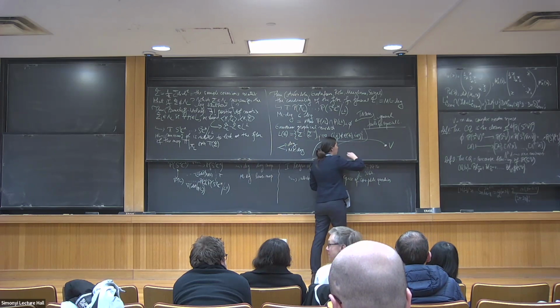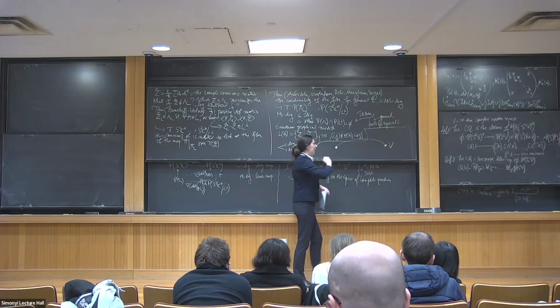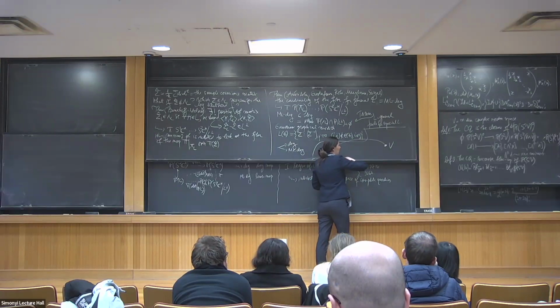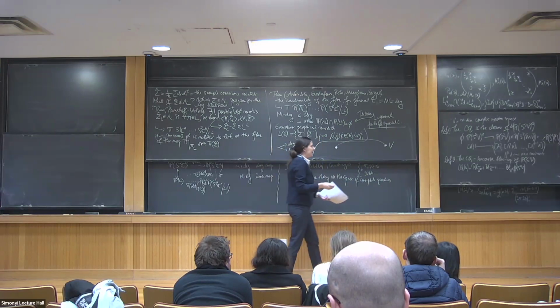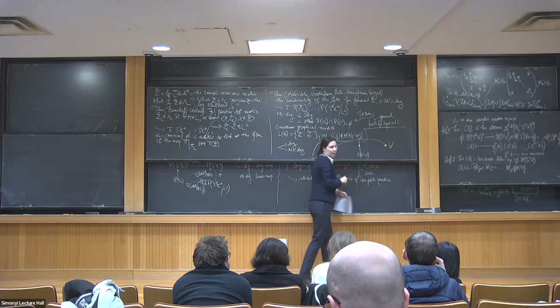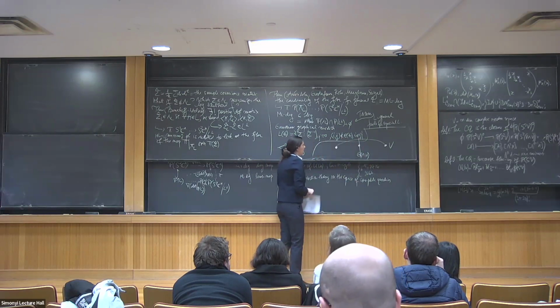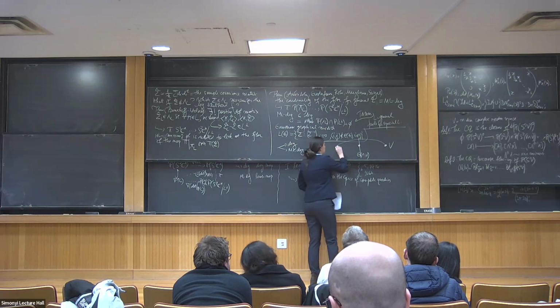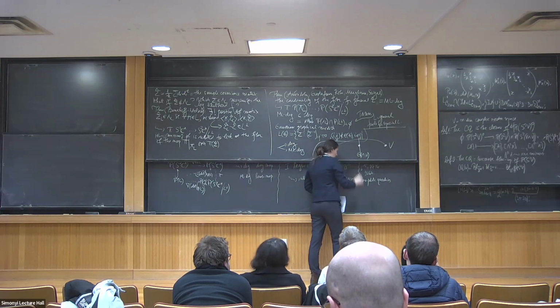But if you have a singular rank R matrix, then the image will be in the space of all R linear subspaces of V. So this means that this will be a point in the Grassmannian G(R,V). Okay, so if I have a singular rank R matrix, I will jump here.